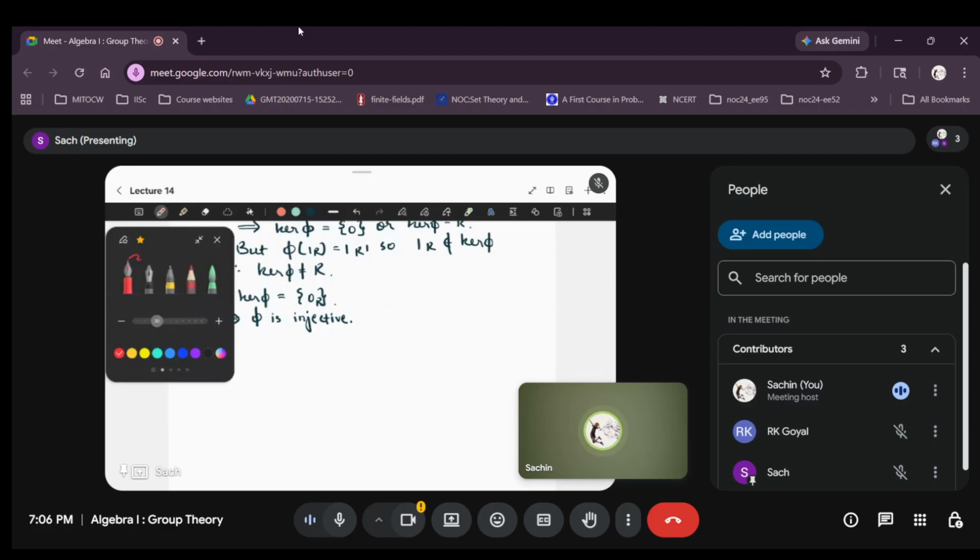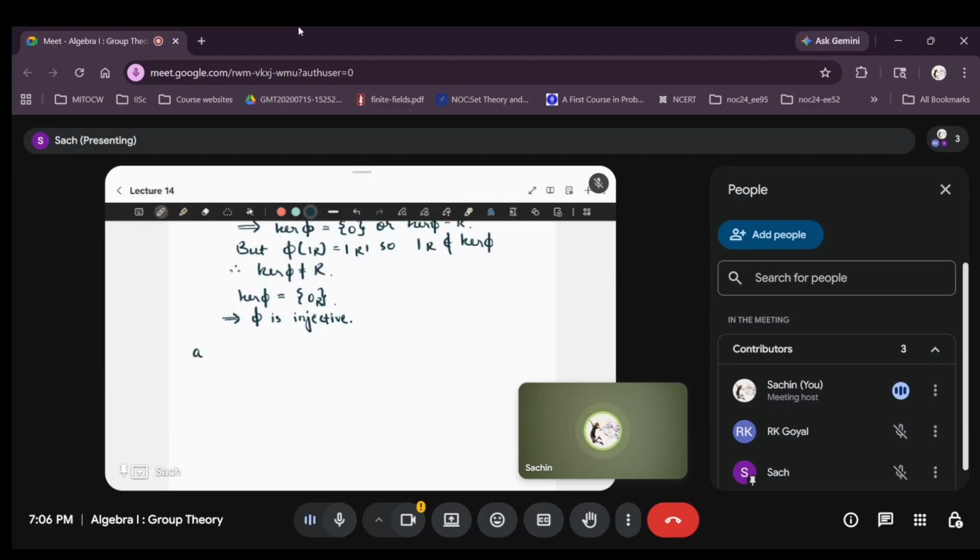What does it mean for an element to be in the kernel? Suppose A is in the kernel of phi. That means phi of A is 0. Take any other ring element R. What is phi of R times A? By definition of the homomorphism, it equals phi of R times phi of A. But phi of A is 0, so this is 0.